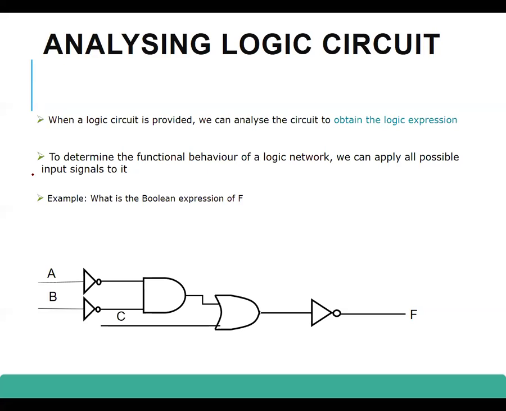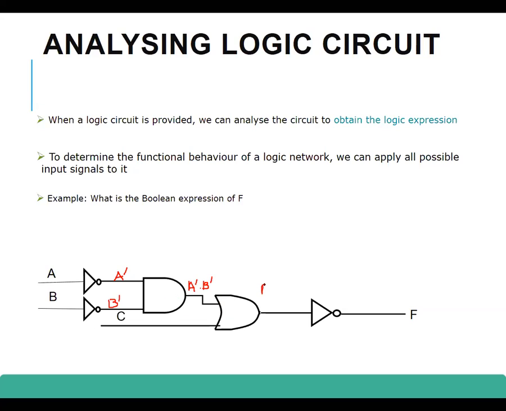There are three inputs, A, B, and C, and on A and B a NOT gate is applied soon after the input. So you can see the outputs are A dash and B dash, and here A dash and B dash have an AND operation applied. So we write A dash dot B dash, and you get C and A dash B dash as input into this OR gate.